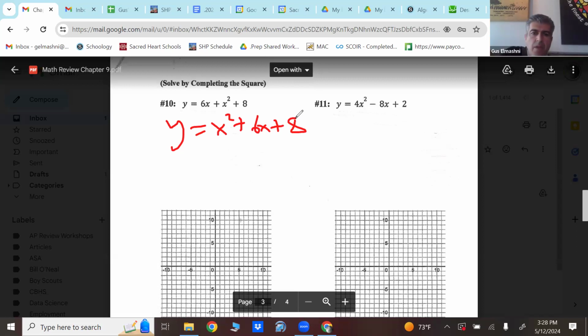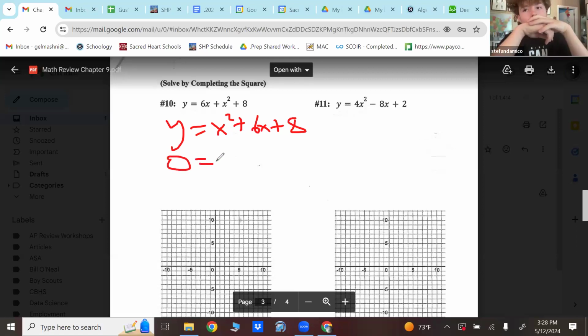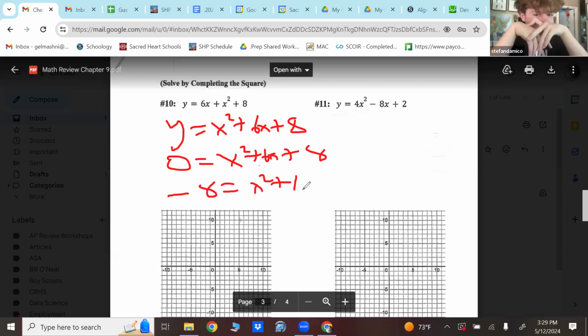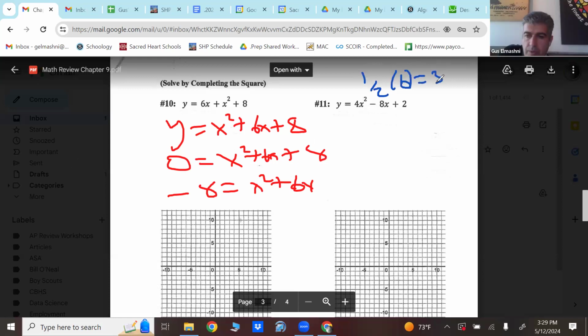Okay. So what you want to do when you solve this is you'll make y 0 and you'll push 8 to the other side. Then what you want to do is you want to take half of 6 and square it, which of course is 3.